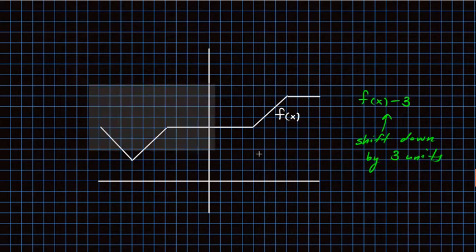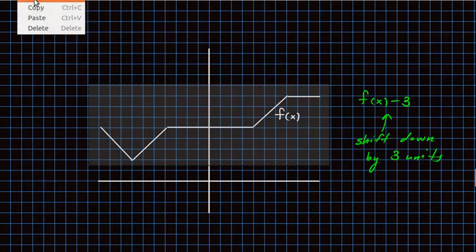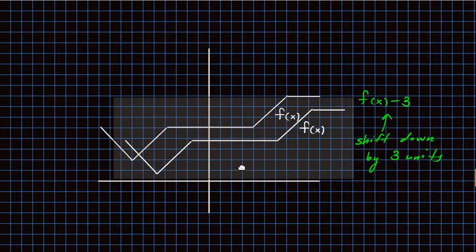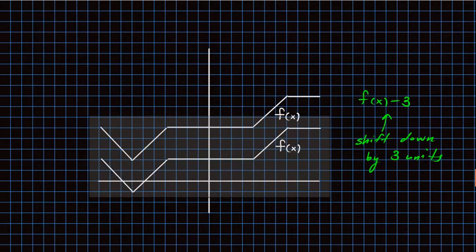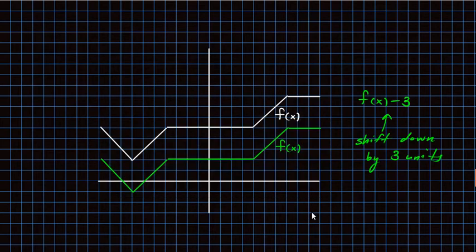So we take our graph and we shift down. Okay, and so this is the graph now of f of x minus 3. Everything is down 3. 1, 2, 3.